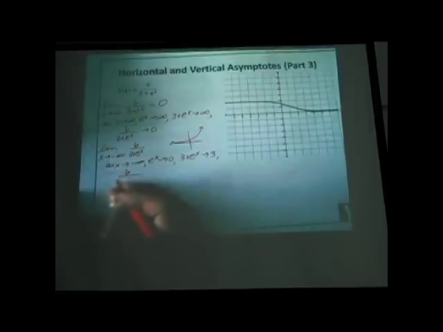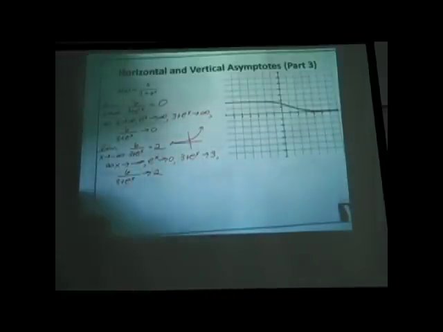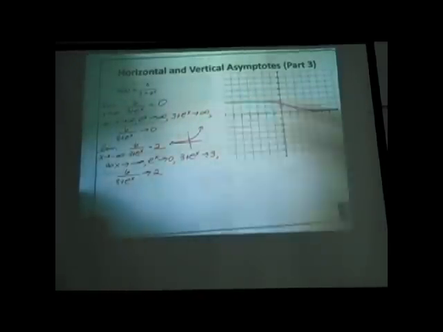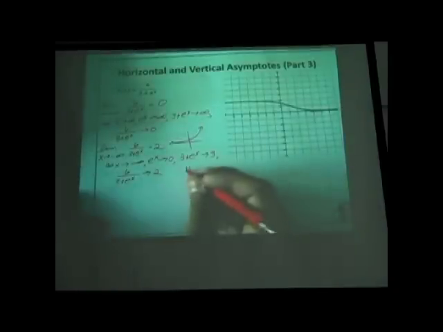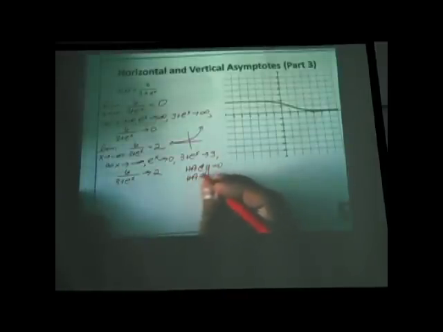And 6 over 3 plus e to the x approaches 2. So the limit as x approaches negative infinity is equal to positive 2. There it is. I see it in the graph. We have a horizontal asymptote at y equals 0. We have a horizontal asymptote at y equals 2.